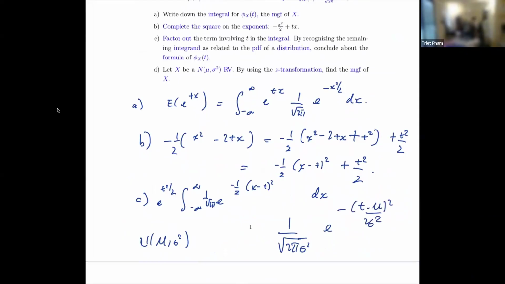And this is why you have to memorize all PDFs of well-known distributions. So compare this with this, what do you recognize?